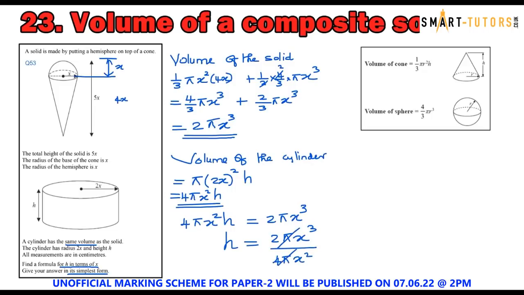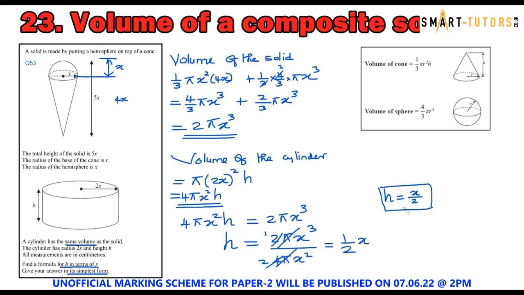Pi and pi cancel. 2 over 4 is 1 over 2. So half x cubed divided by x squared. Powers need to be taken away, 3 take away 2 is 1. So half x. So h equals x by 2, half of x. That is the formula for h in terms of x.